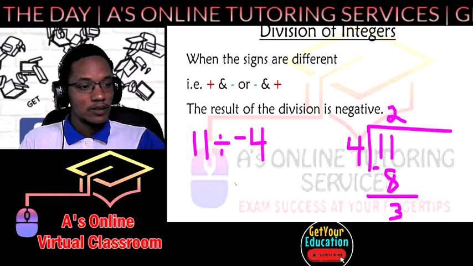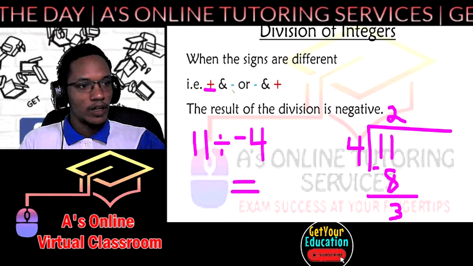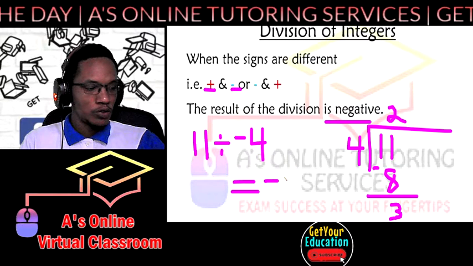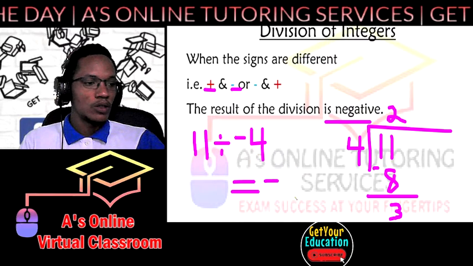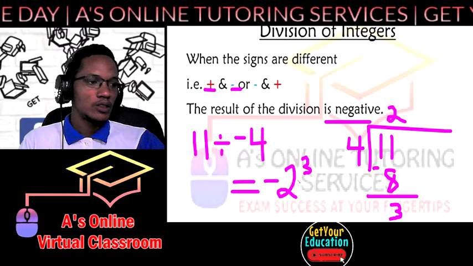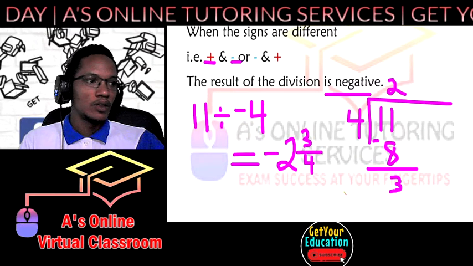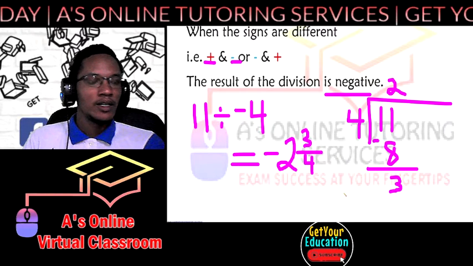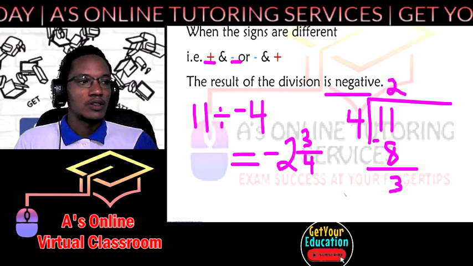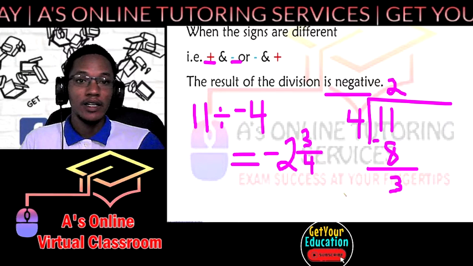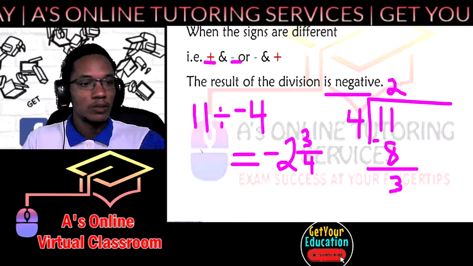So our answer, a positive number divided by a negative number, the result is negative 2, remainder 3 over 4. Once we're dividing and the signs are different, make sure to put a negative sign in your answer, no matter how big or small the numbers are.